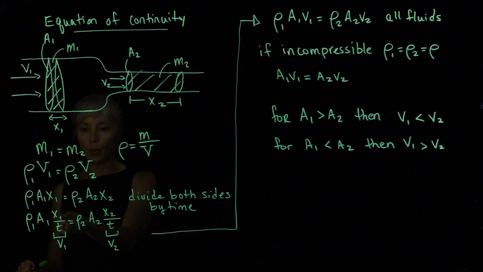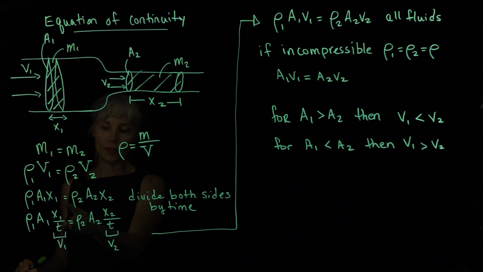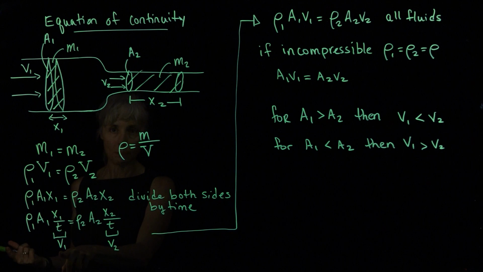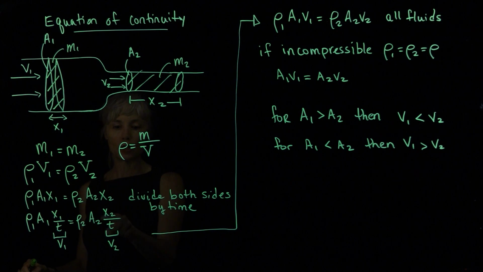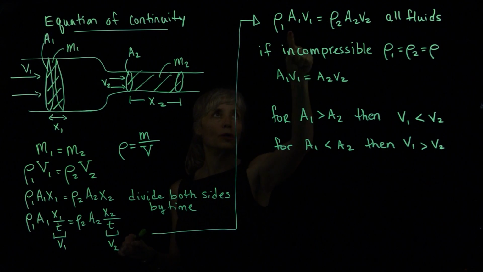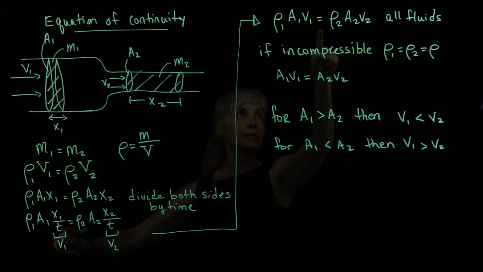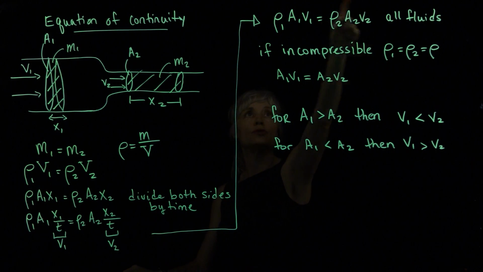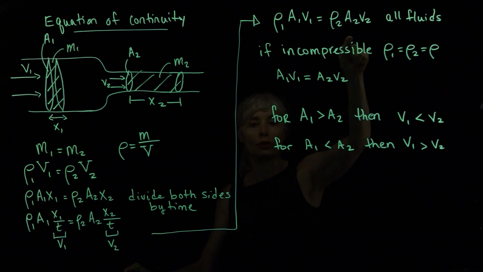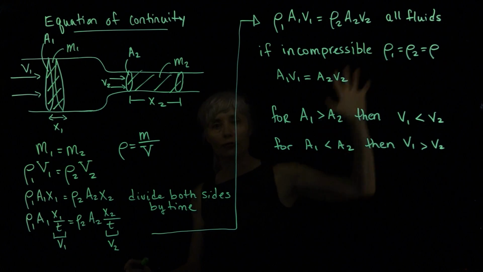And when I do, I'm going to organize it so that x1 is directly over time and x2 is directly over time, so that I can re-express x1 divided by the time as the speed v1, and I can re-express x2 divided by the time as the speed v2. So now taking this and rewriting it, I can write rho1 A1 v1 is equal to rho2 A2 v2. So this is the general equation of continuity for all fluids.